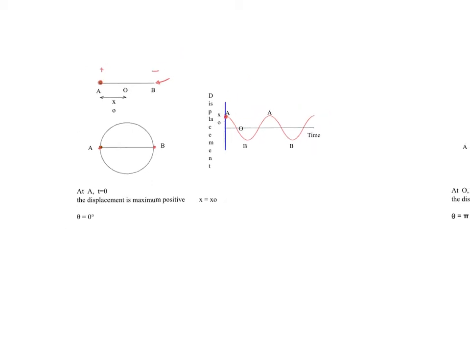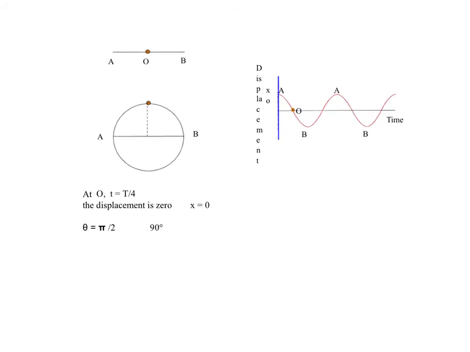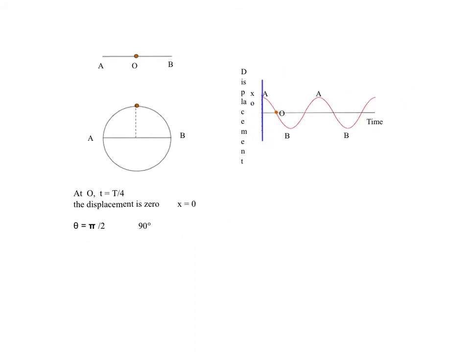You see that after a quarter of the period, and it's quite similar to how waves behave as well here, the object has covered a quarter of its path, and it's now in the center of the x-axis, which is 0. So the x position is 0 at that point.